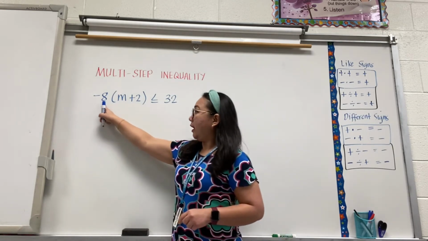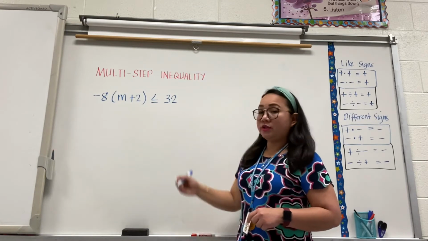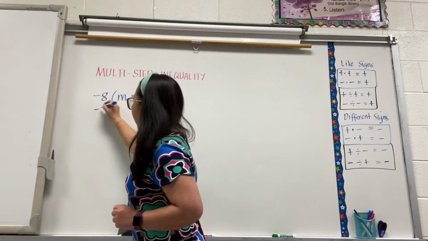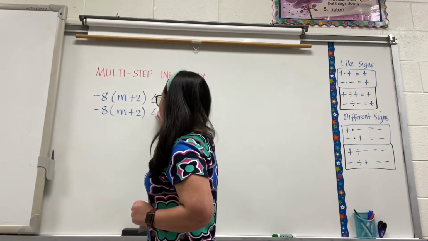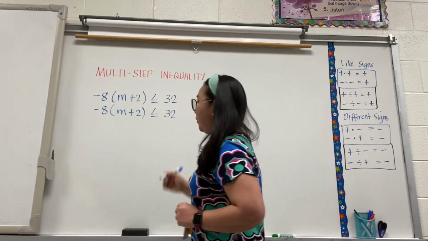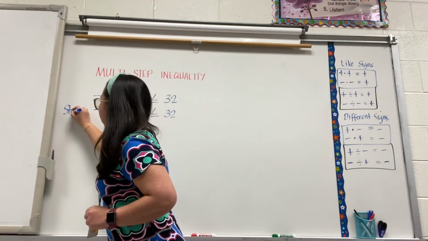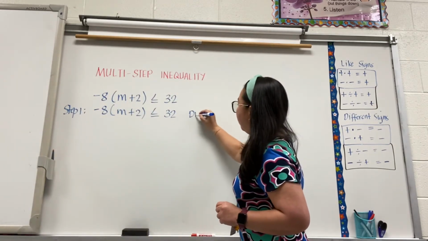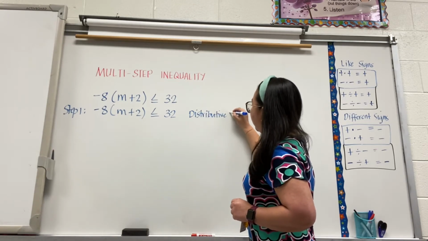This is an example of a multi-step inequality. So we have here negative 8 times m plus 2 is less than or equal to 32. So we will write the inequality again. Negative 8 times m plus 2 is less than or equal to 32. And for step 1, we will use the distributive property.